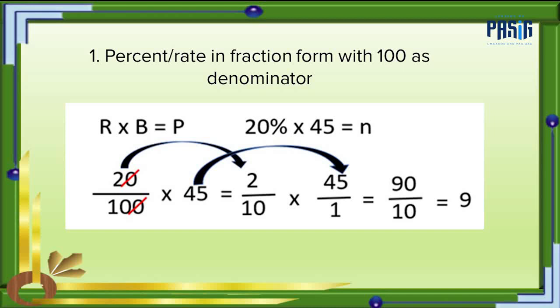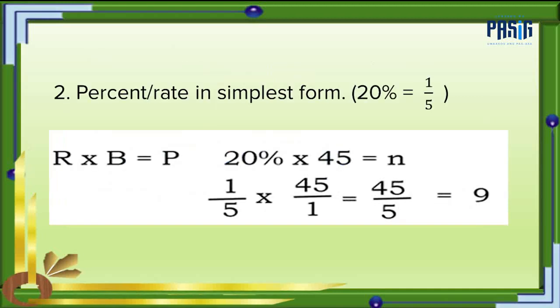We change 20% into a fraction, which gives us 20 hundredths times 45. 20 hundredths becomes 2 tenths, and 45 becomes 45 over 1, just to make both fractions. Multiplying, 2 times 45 is 90, and 10 times 1 is 10, so that's 90 over 10, or 90 divided by 10, which is equal to 9. Another way of getting it is to change 20% into the lowest term.